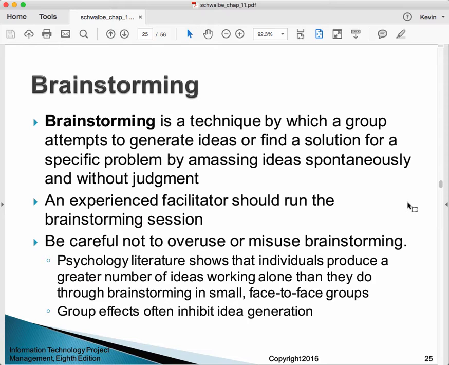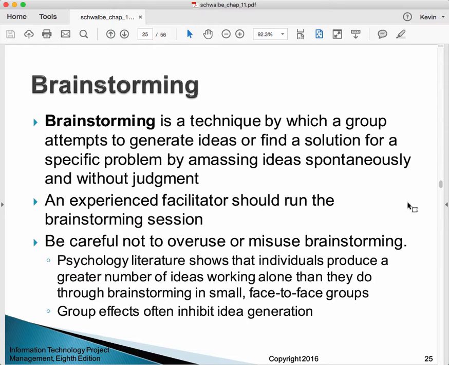We encourage people to participate. We say things like, there's no idea too dumb. We don't allow people to rain on the parade of people who come up with ideas, because we want to generate a lot of ideas, and then typically before we finish the session, we go back and pick the ones that we like the best. The ones that we don't like the best just kind of die a natural death.